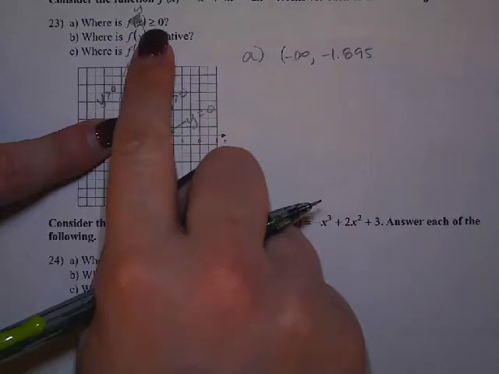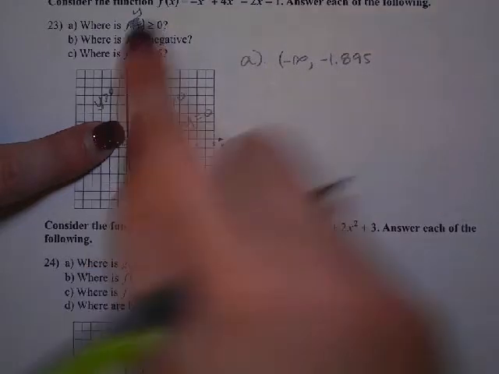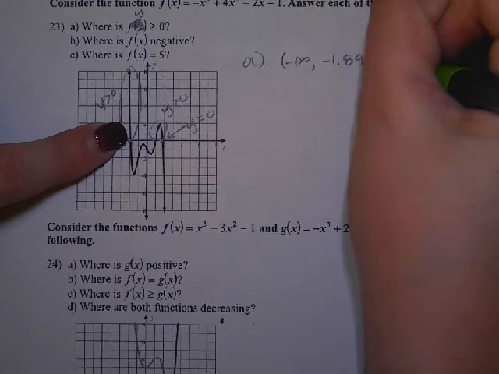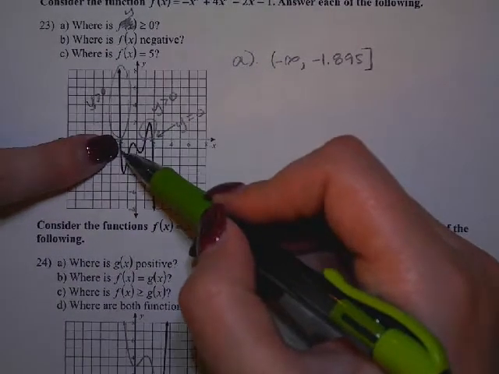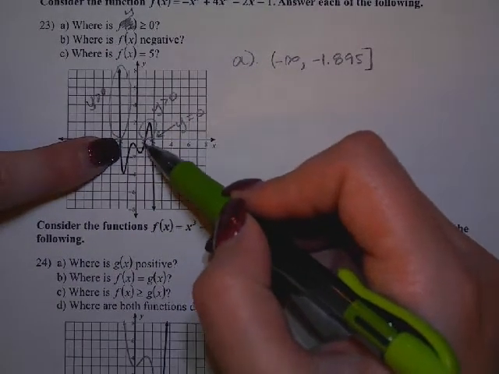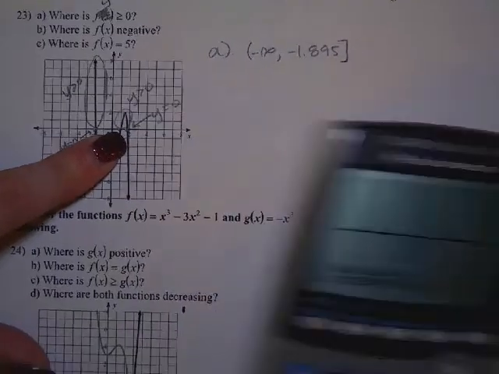Based on the way the problem is written, should that be a bracket or a parenthesis? Bracket, because it says it can equal 0, which means it's equaling the x-intercepts. So I've got a bracket. All these values are where y is less than 0, so we're not going to include any of those. We're going to jump over to the next x-intercept.